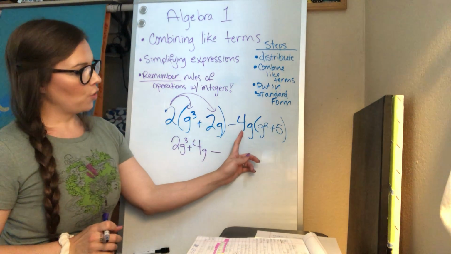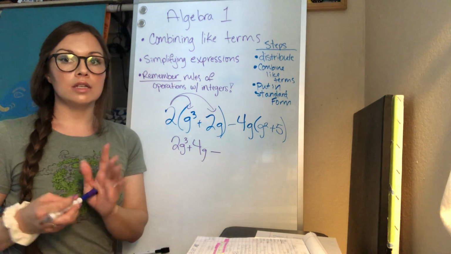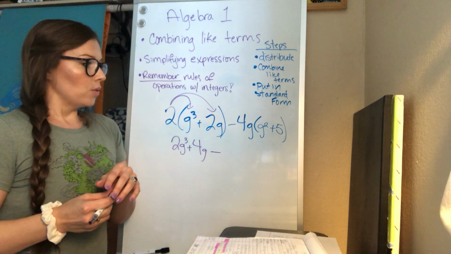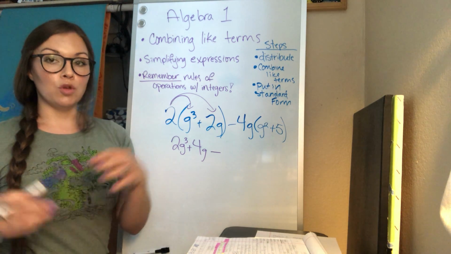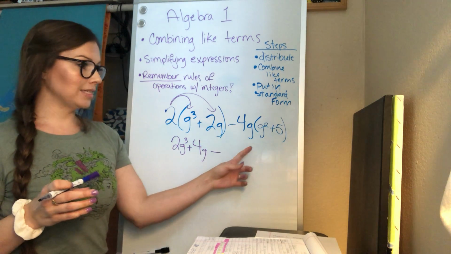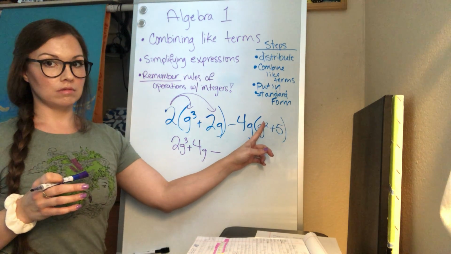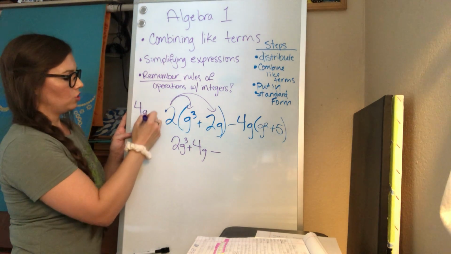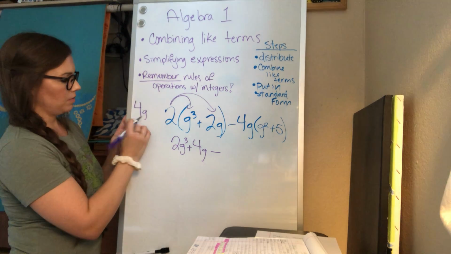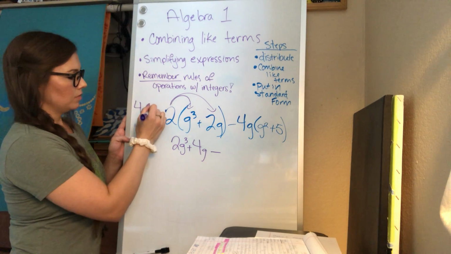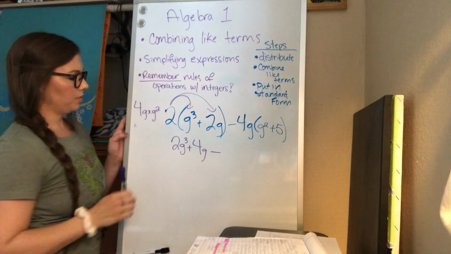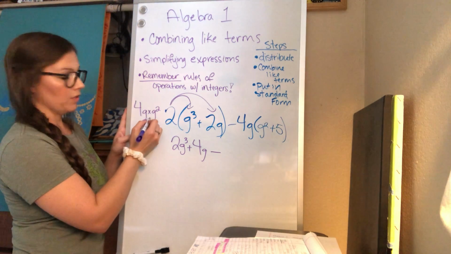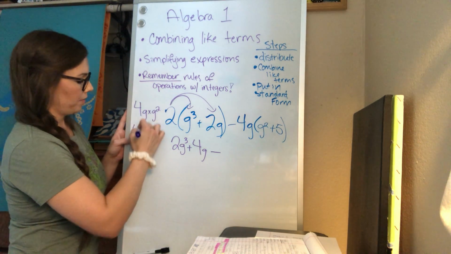So here, 4g times g squared. When we do this, we add the exponents. Okay, when you multiply the bases, you add the exponents. So here, I'm going to put it over here so you can see it real clearly. 4g times g squared. So I'm going to multiply these. That's going to give me, remember there's an invisible coefficient of 1, so 4 times 1 is 4.